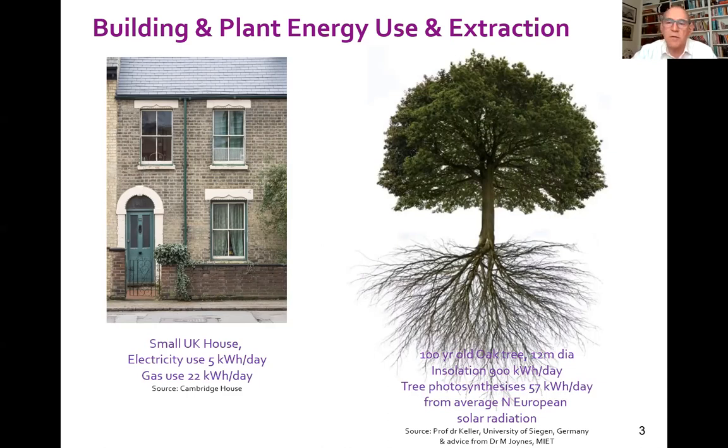And the tree photosynthesizes in the leaves, and the efficiency of photosynthesis is about 13–14%. So about 57 kilowatt hours a day grows this tree. It grows the roots, it grows the trunk, the boughs, and the leaves, but the leaves are what takes the energy from the sun. And this tree's perhaps a little bit bigger than the house, but you can see how efficiently a plant is converting solar energy for its own use.